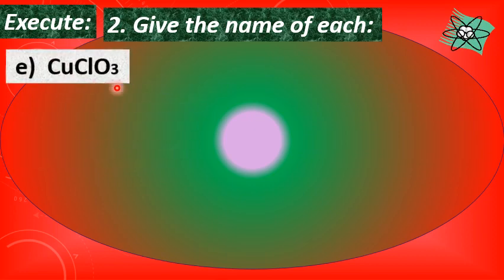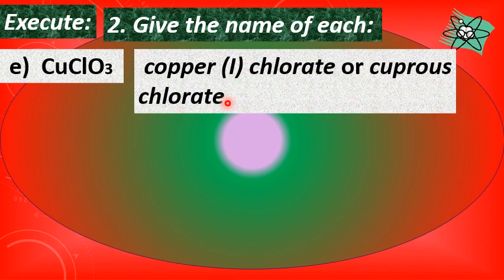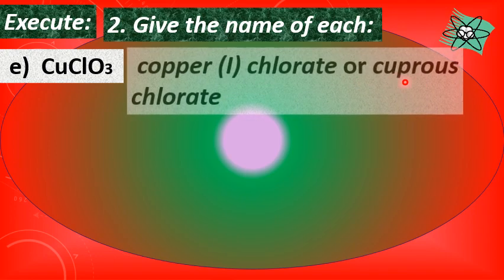For letter E, we are given the compound written as CuClO3. This is the combination of the metal copper and the polyatomic ion chlorate. This can be read as copper Roman numeral 1 chlorate or cuprous chlorate.